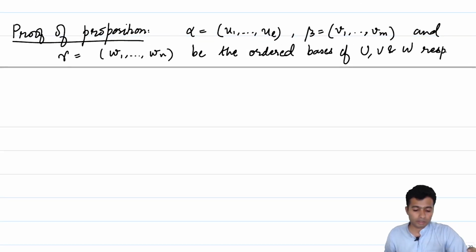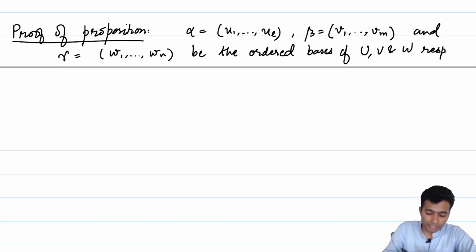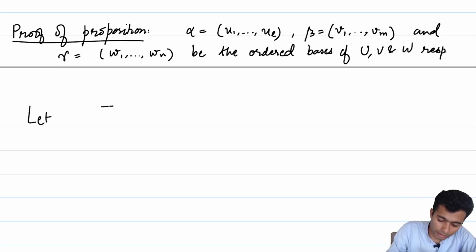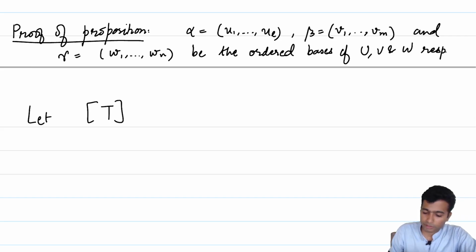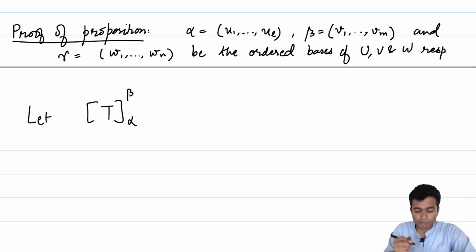And remember that S is a map from V to W, T is a map from U to V. So T is a map from U to V, so this will be alpha to beta, or rather alpha beta.